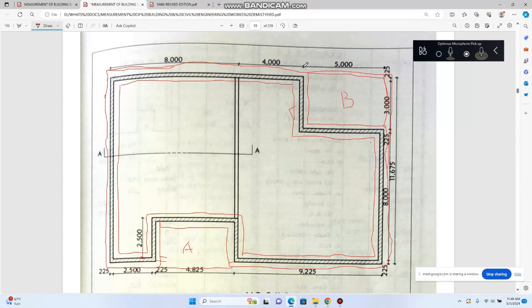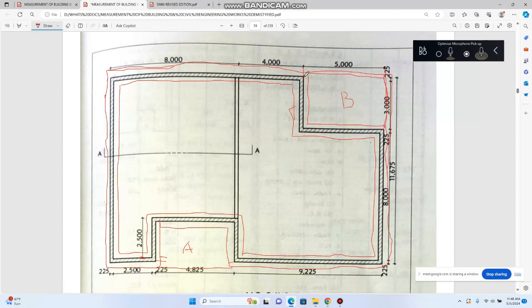Let's go slowly. 5000 was from here up to here inside the walls. What did you do after 5000? So the 5000 minus the 225 for the square and the 225 for the wall. All right. What Oliami did was from here up to outside the wall here is 5000.